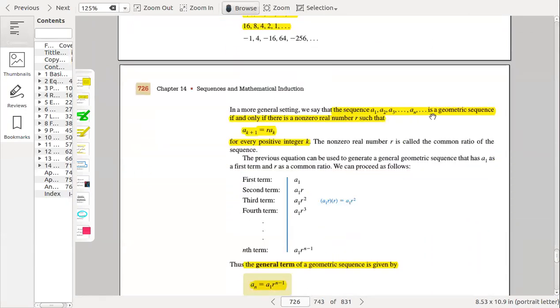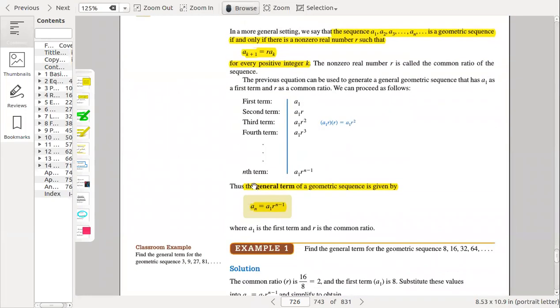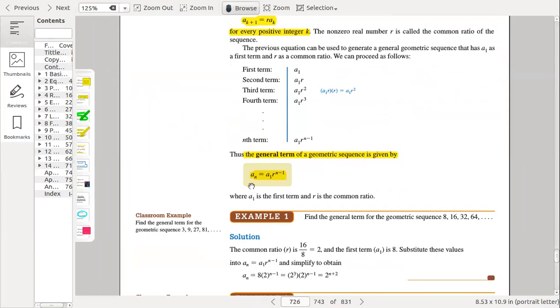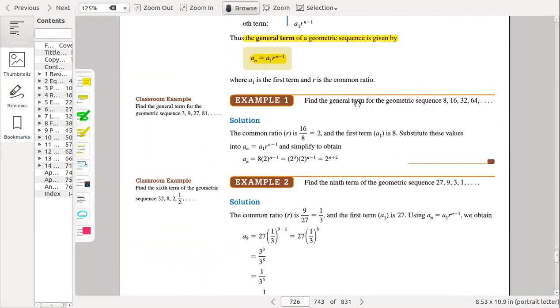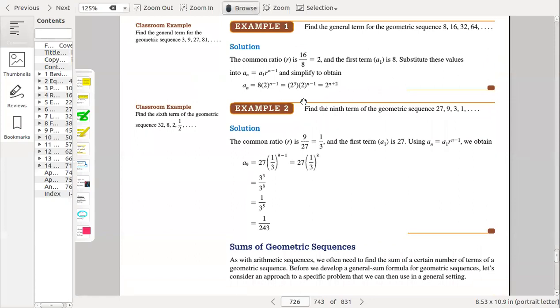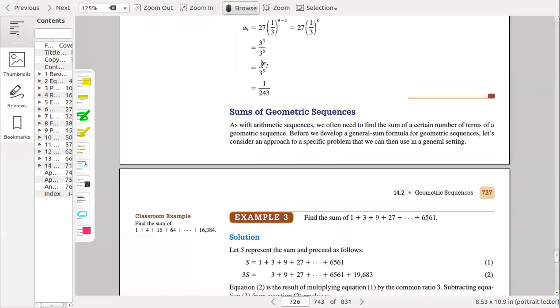The sequence is geometric if and only if there is a non-zero real number r such that a_(k+1) is equal to r a_k for every positive integer k. The general term of a geometric sequence can be written as a_n is equal to a1 r power n minus 1. Then we can solve this example to understand how a geometric sequence works.